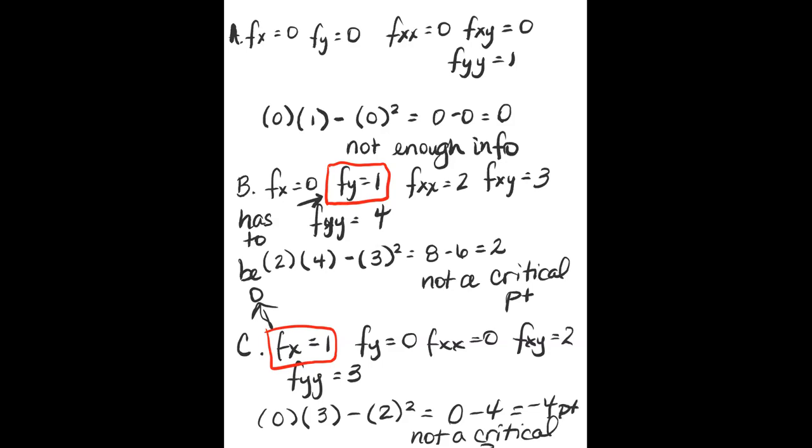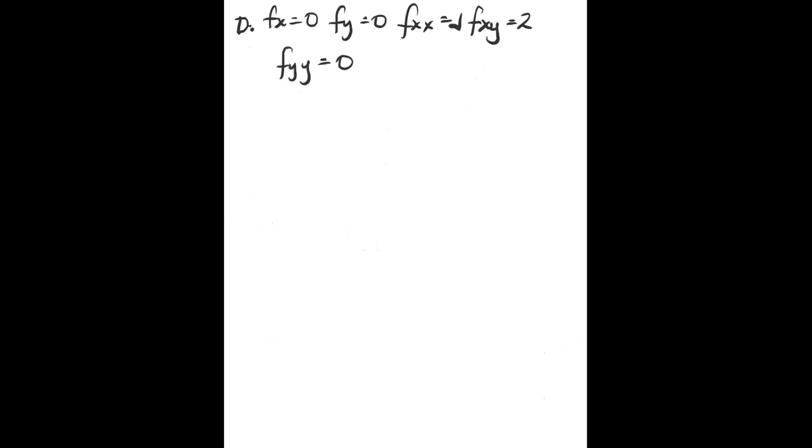So let's do a couple others that are going to pop up. Okay, so D gives me Fx is 0, Fy is 0, Fxx is 1, Fxy is 2, and Fyy is 0. Let me fix this one up here. That was supposed to be 1. There we go. So our initial conditions are met.